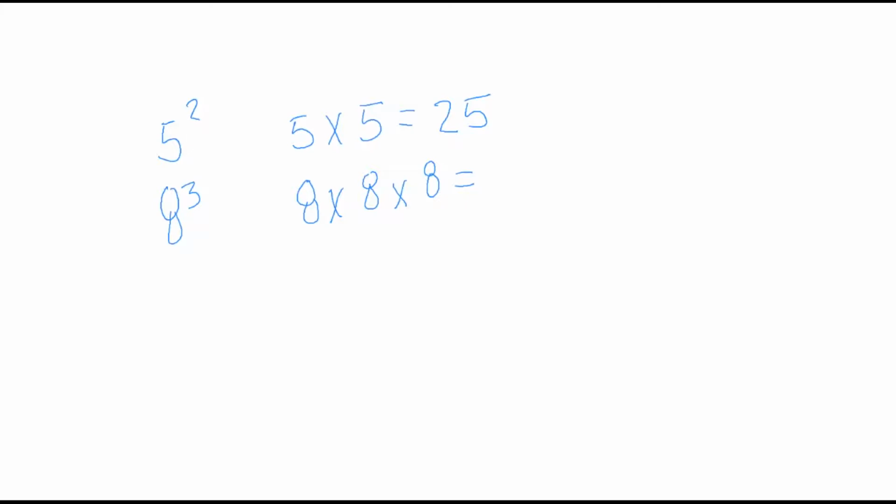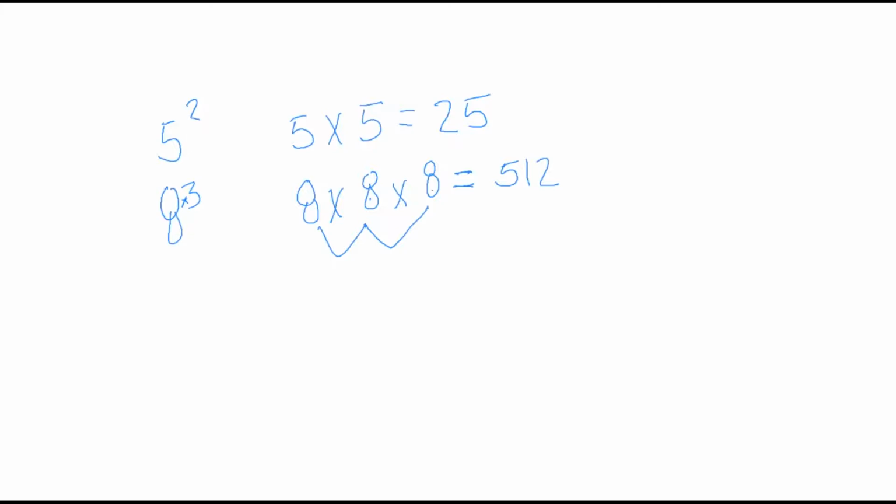So guys, what's 8 times 8? 64. 64 times 8 is 512. Guys, watch out on that one. It's not 8 times 3. It's 8 times 8 times 8. Work it left to right.